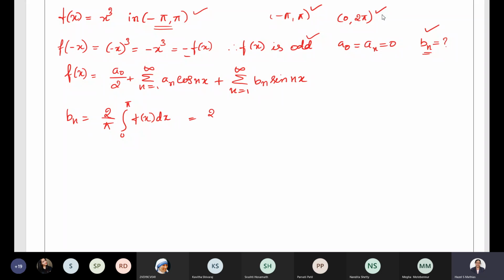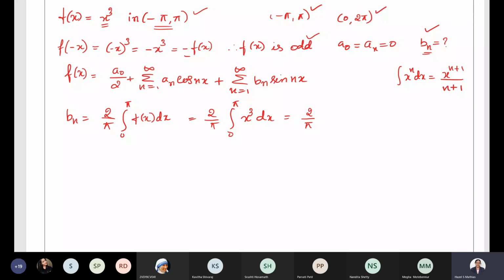So what does it equal to? 2 by pi integral 0 to pi, f of x is given to be x cube, into dx. Next, what is the integration of x power 3? As said yesterday, integration of x power n into dx is x power n plus 1 divided by n plus 1.